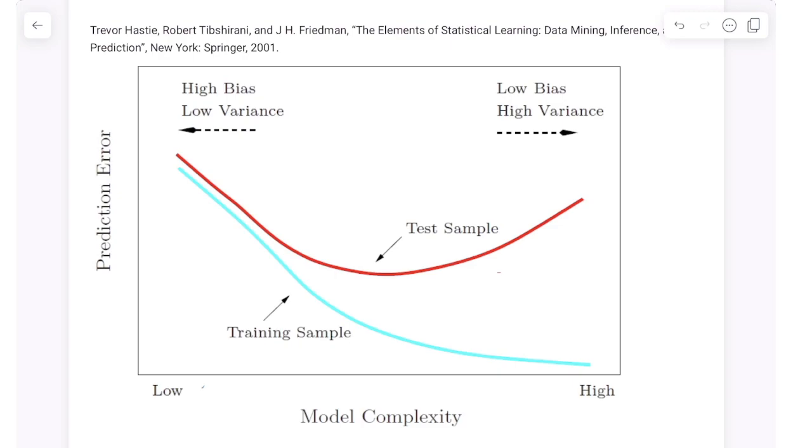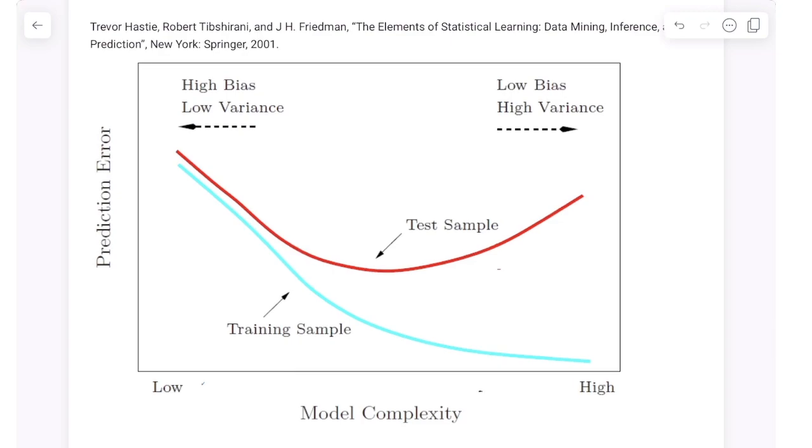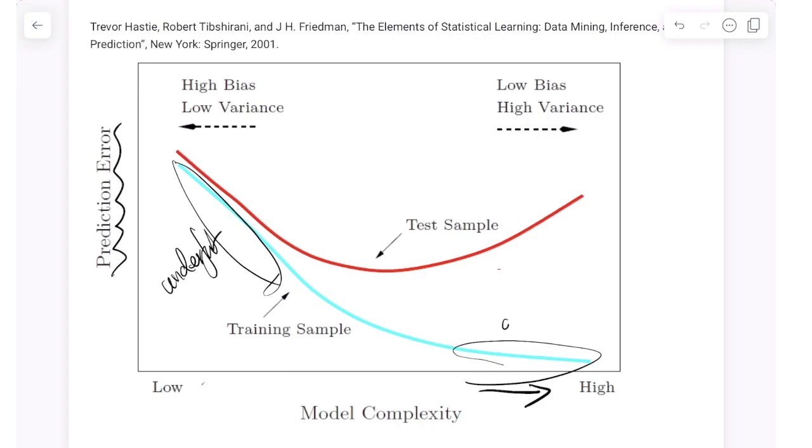The model complexity goes from low to high, and that is the prediction error. That is called underfit, and that is called overfit.